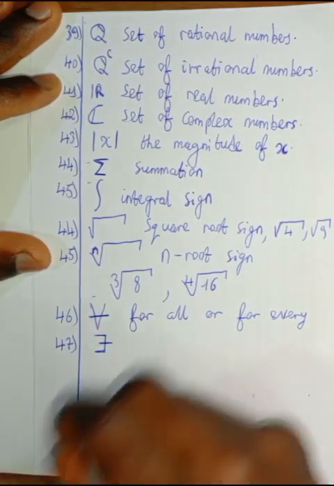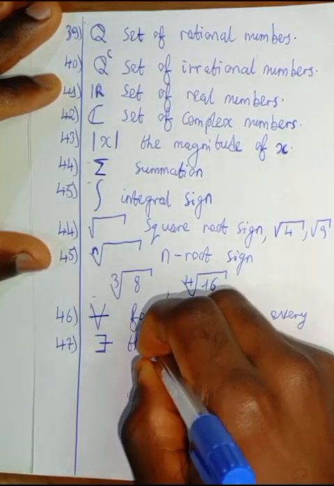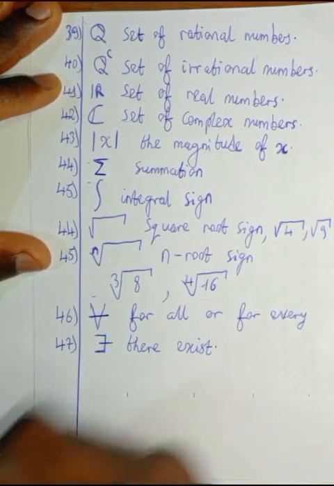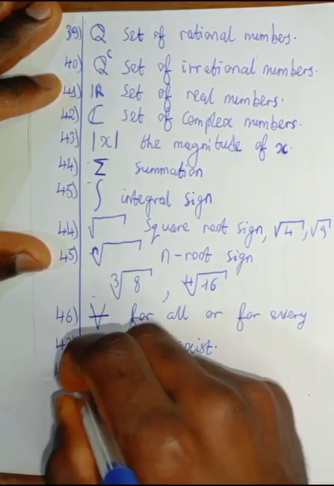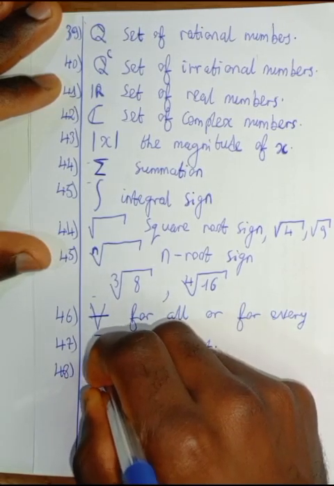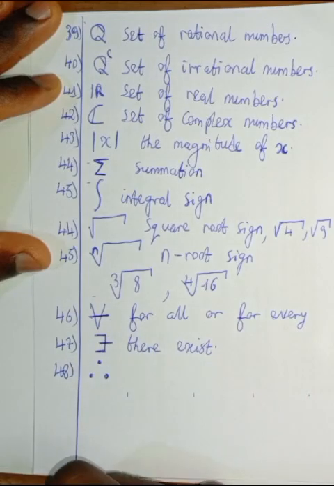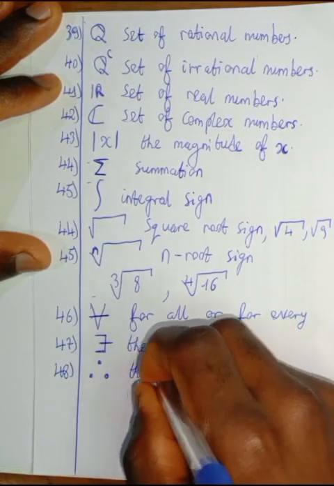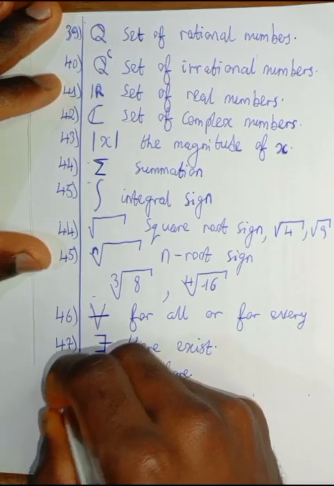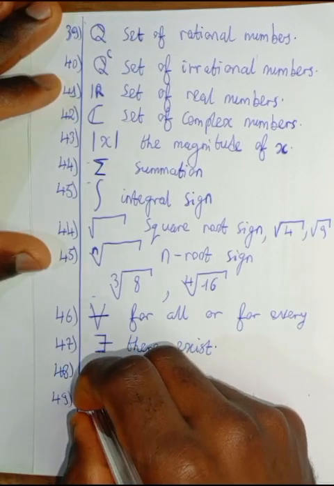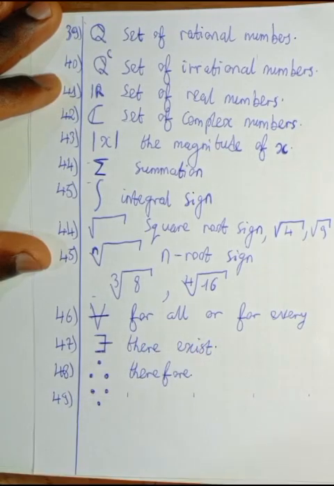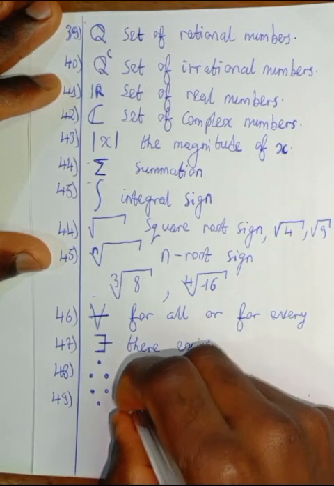It stands for there exists. 50. We have 3 dots arranged triangularly. It stands for therefore. Go to 51. We have 3 dots, still arranged triangularly this way, which stands for because.